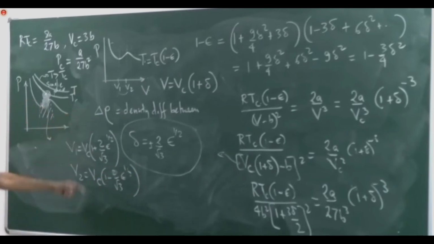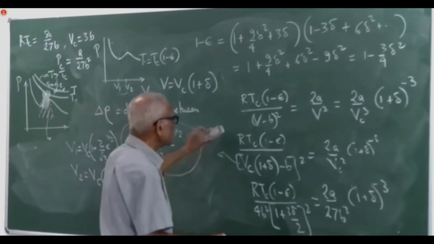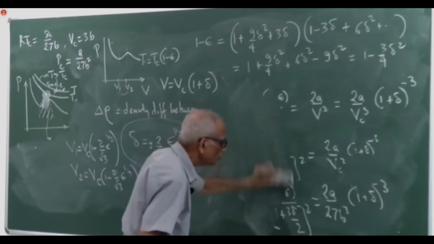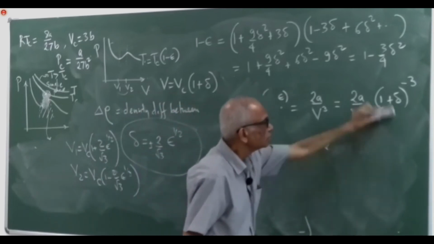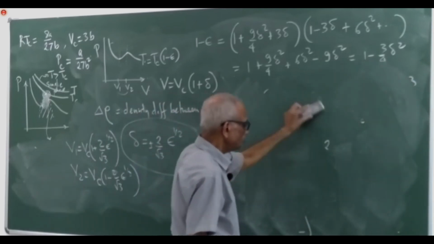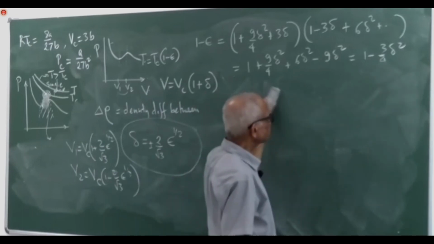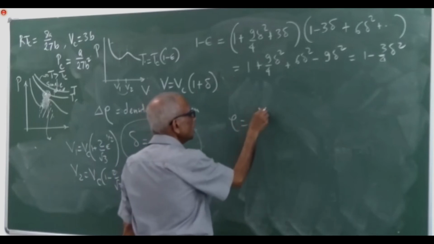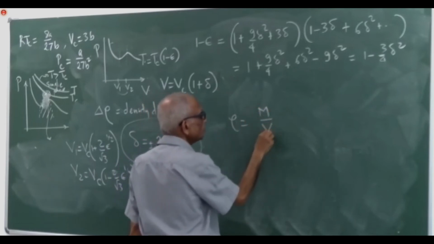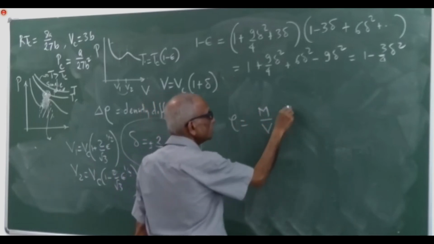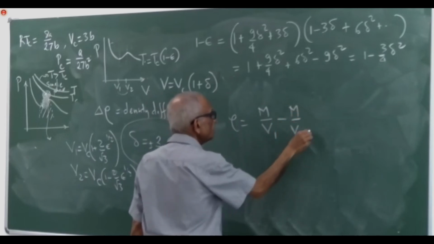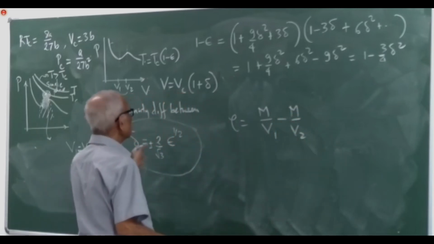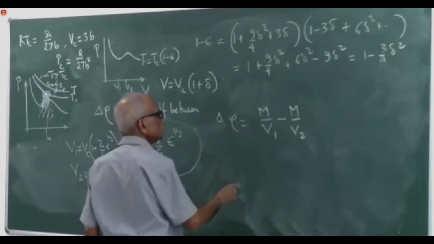My interest was in delta rho, and rho is m over V. So start out with a given mass of gas, and this rho is equal to m over V1 minus m over V2. So that is the density difference delta rho.